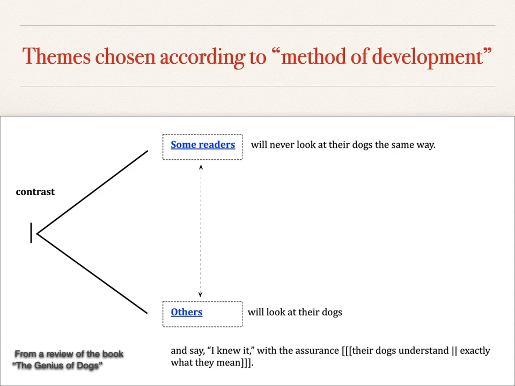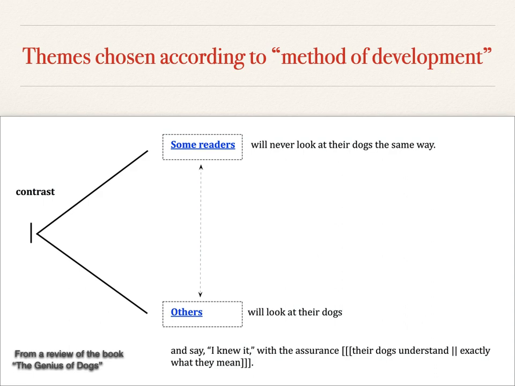So it reads, some readers will never look at the dogs the same way. Others will look at the dogs and say, I knew it, with the assurance that dogs understand exactly what I mean. Now, how is this contrast signaled by the grammar? Well, it's signaled precisely by making the points of contrast, some readers, others, topical themes.